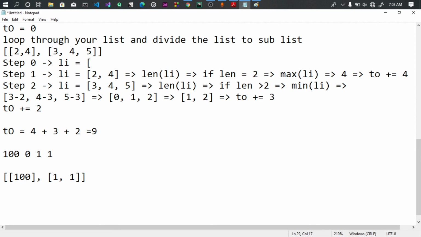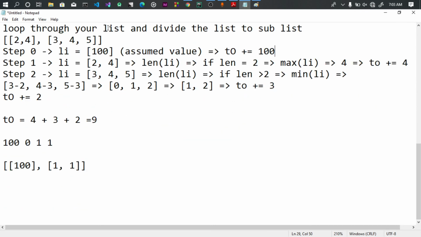Let's assume that we have a list with only 1 value. What we'll do is our total operations will be incremented by that value that is inside that list.